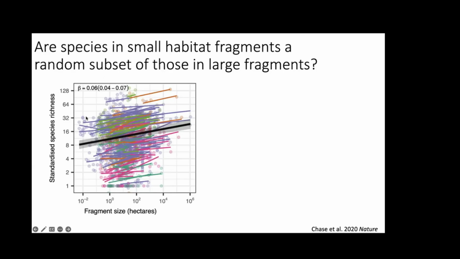If that were the case, this line, and I don't go into the details, I'm sorry, we can talk about it afterwards. And I think I've got an example later on where I can illustrate what would happen if the number of species in small habitat fragments were a random sample of those in the large habitat fragments. We'd expect to see a flat line in this relationship. But here we can see that it's increasing. And so something else is going on in the small habitat fragments.